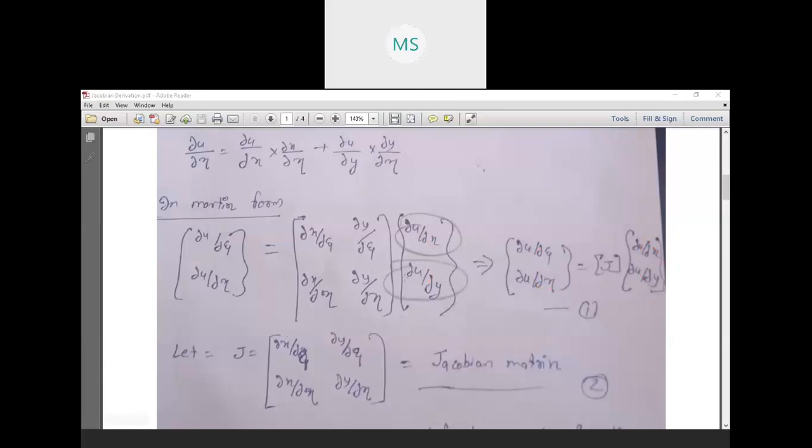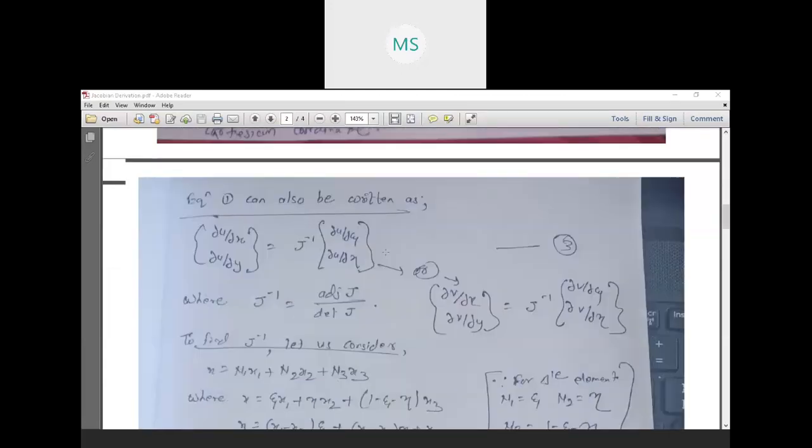The Jacobian matrix is the transformation matrix which converts the natural coordinate system, that is your eta and zeta, into the Cartesian coordinate system. After that, once the transformation is done, we have sent the Jacobian matrix to the other side, where it is known as adjoint of J divided by determinant of J. The same thing is applicable for the y direction also.